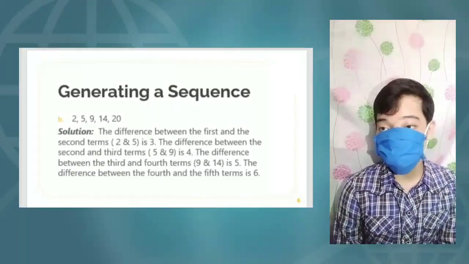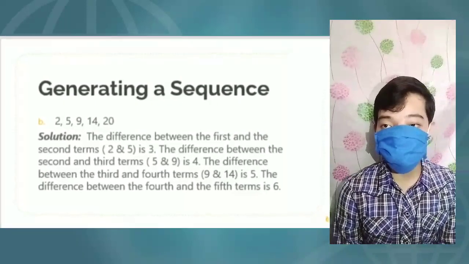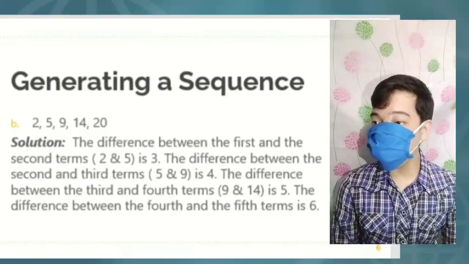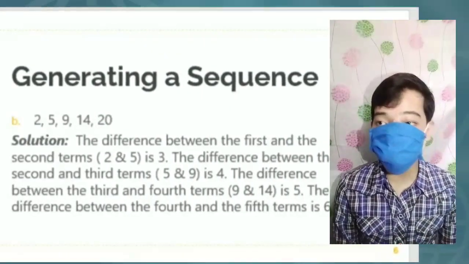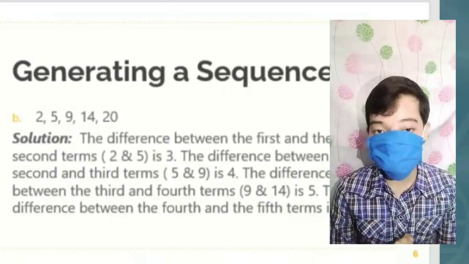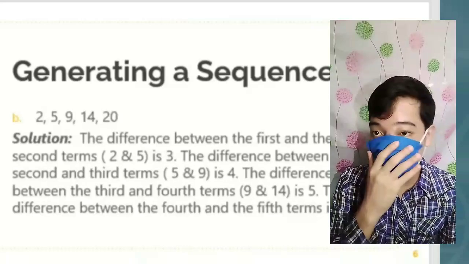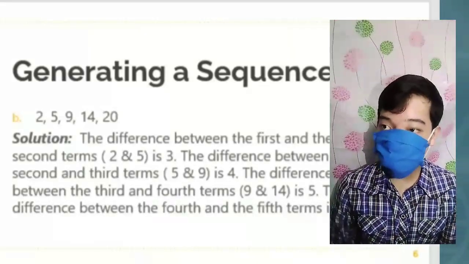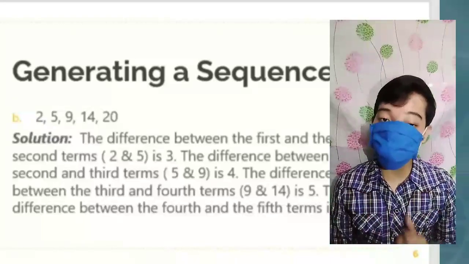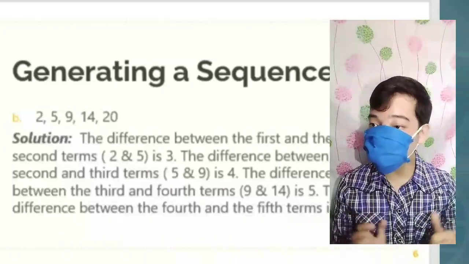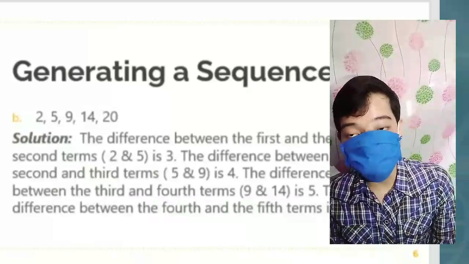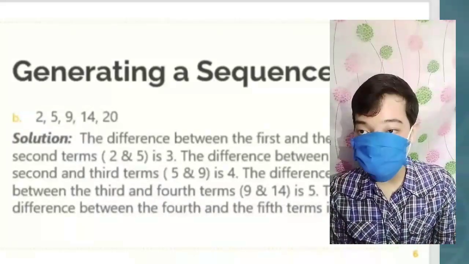How about this one? We have here 2, 5, 9, 14, 20. So at first, how do we analyze the sequence given here? The solution is the difference between the first and the second terms is equal to 3. If we subtract 2 from 5, we have the result of 3. The difference between the second and the third terms, which is 9 minus 5, is 4.